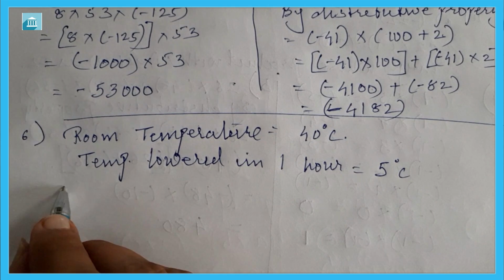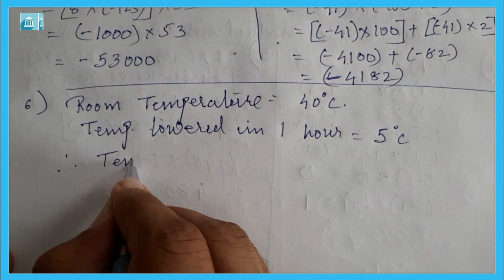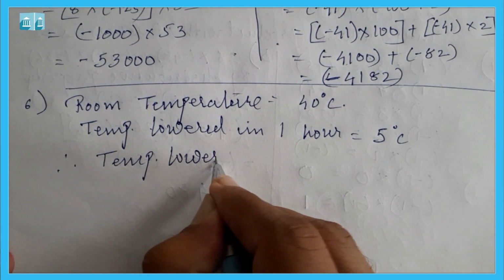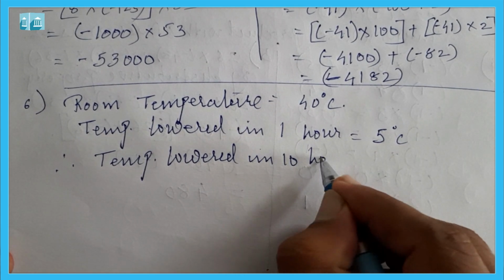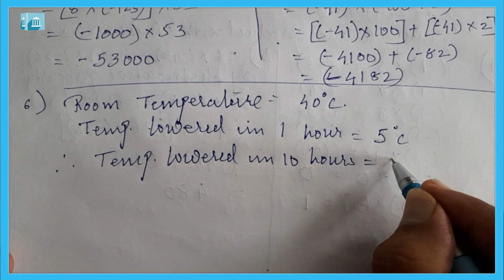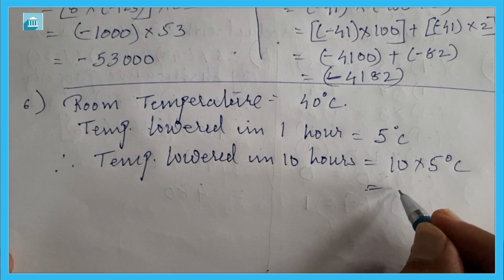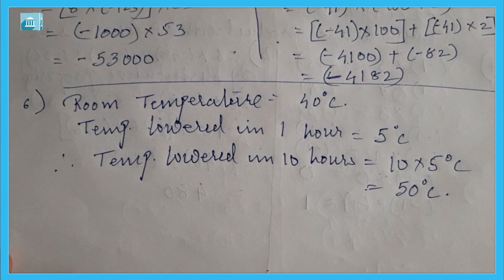Now therefore the temperature lowered in 10 hours. 10 hours is given, so in 10 hours it is 10 into 5 degrees Celsius, which is equal to 50 degrees Celsius.